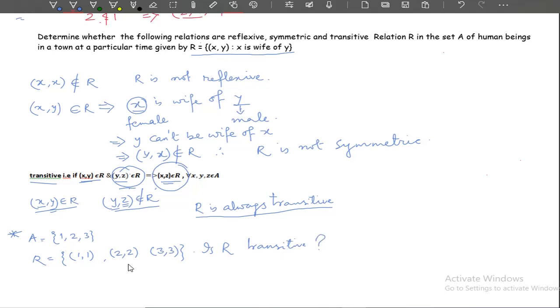What do you think? R is always transitive here. (1, 1), and no other element of R begins with 1. Similarly (2, 2), (3, 3). This is exactly using the same logic we have used in this problem. R is always transitive. Remember this question. Okay.